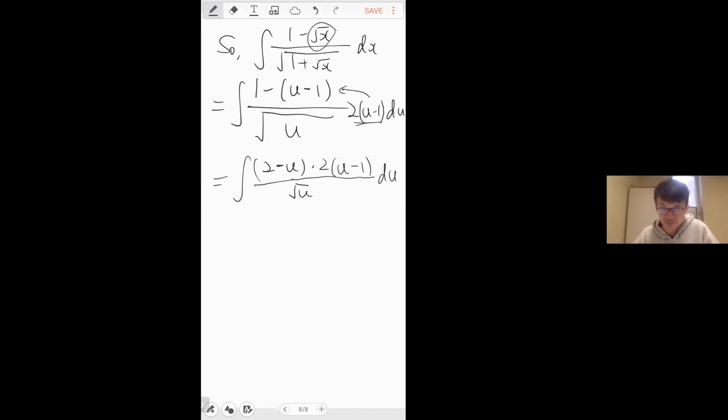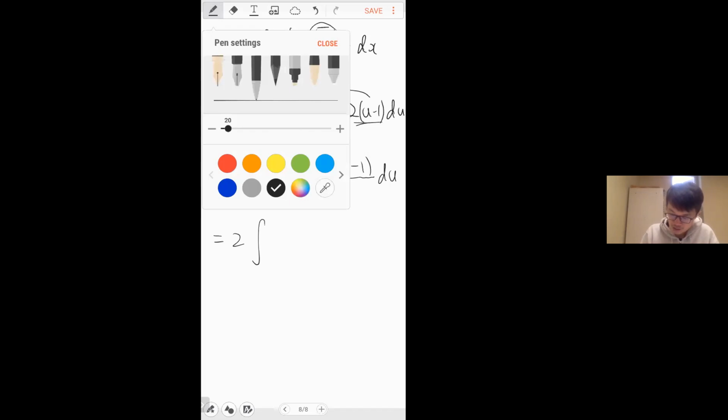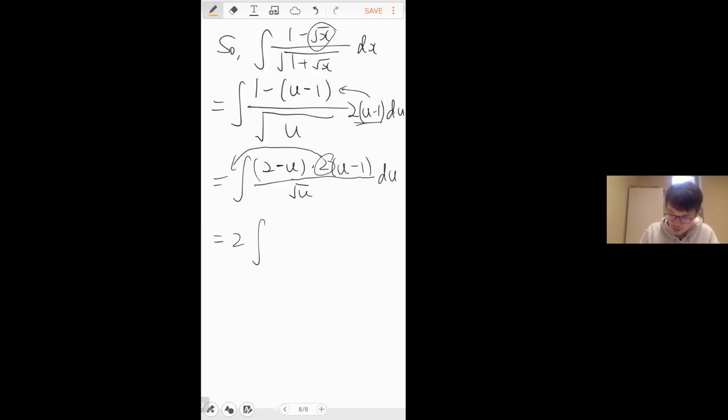Questions? Okay, I'm going to pull the number 2 outside of the integral, and then I'm going to multiply this 2 together.